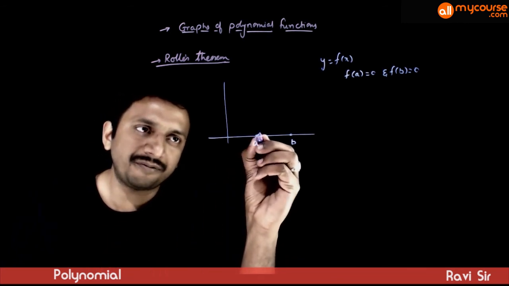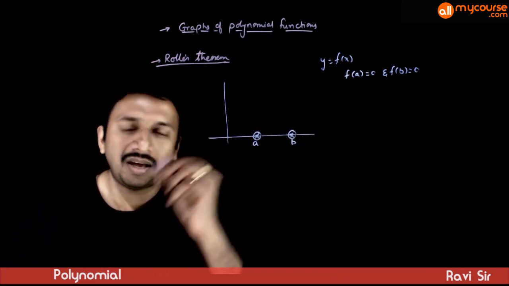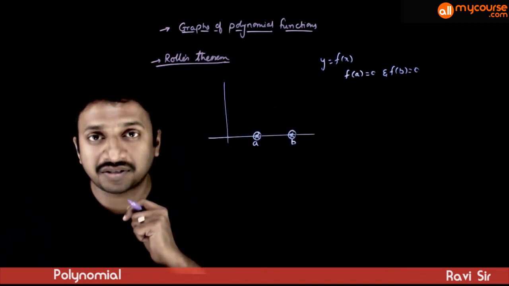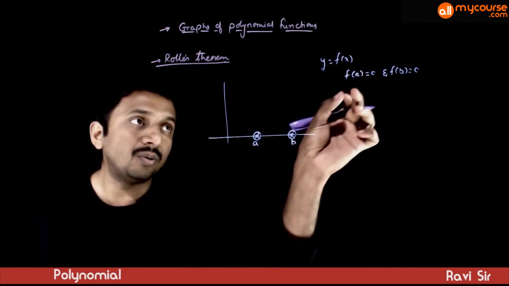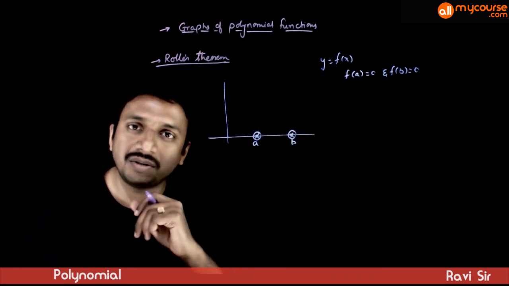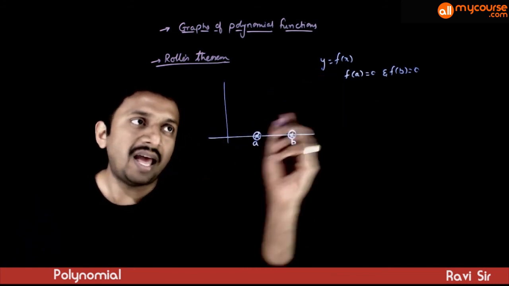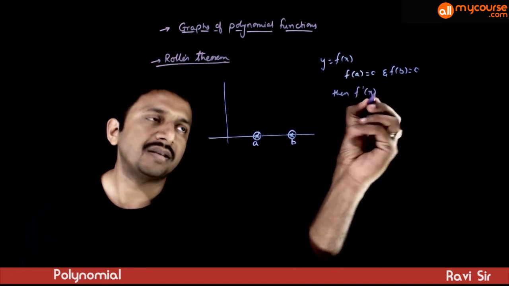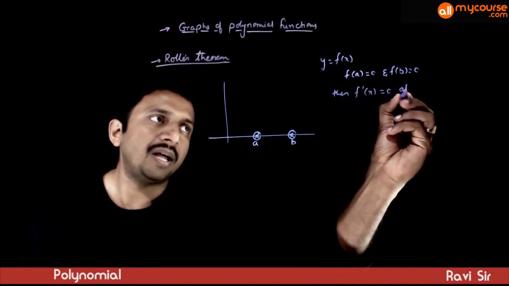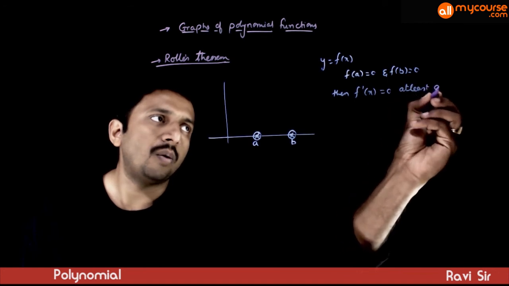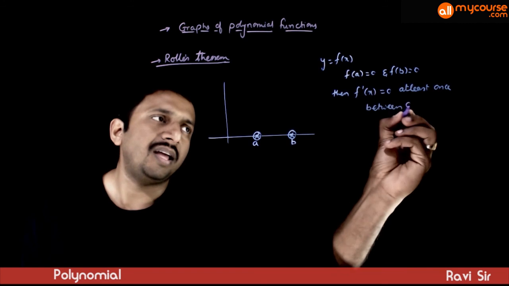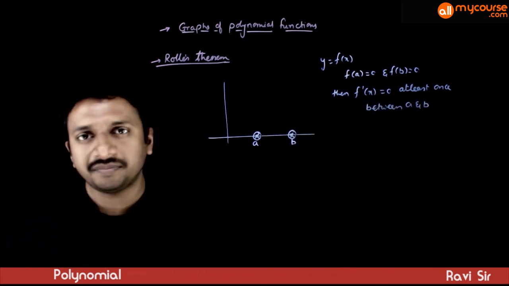So if a and b are the zeros of y is equal to f of x, or a and b are the roots of f of x is equal to 0, then f dash of x will be equal to 0 at least once between a and b.